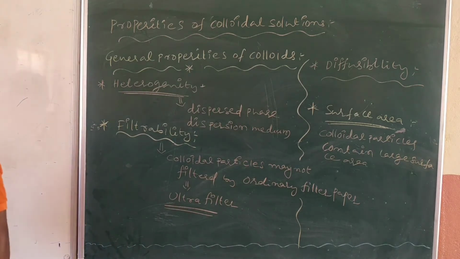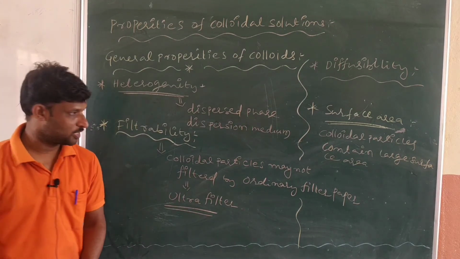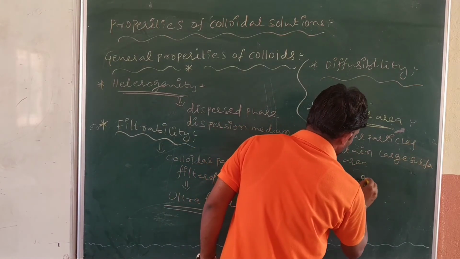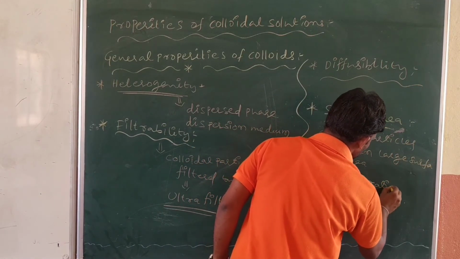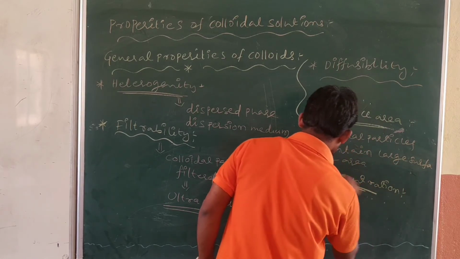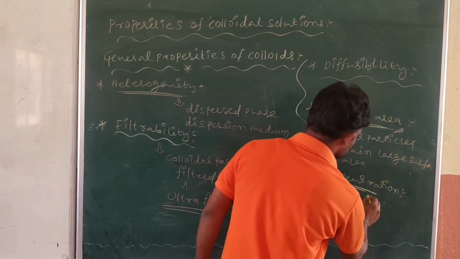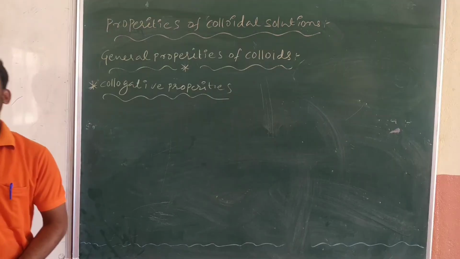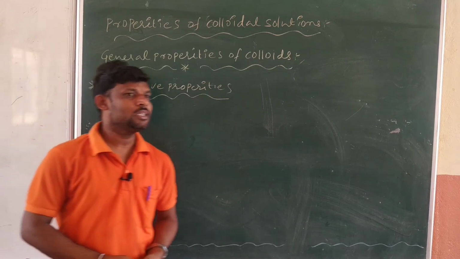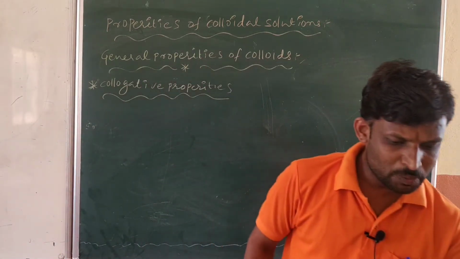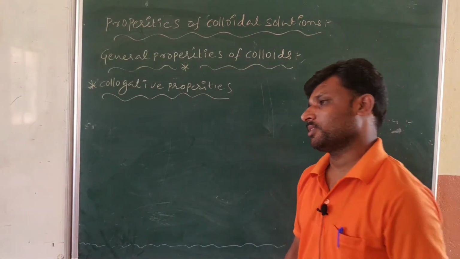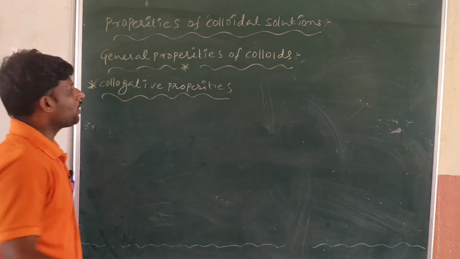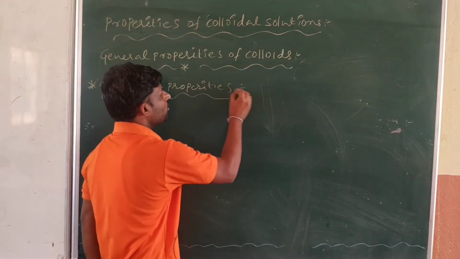Now let us discuss the next point, concentration. The concentration of colloidal particles is very small. Colligative properties: properties that depend upon the number of particles are called colligative properties.